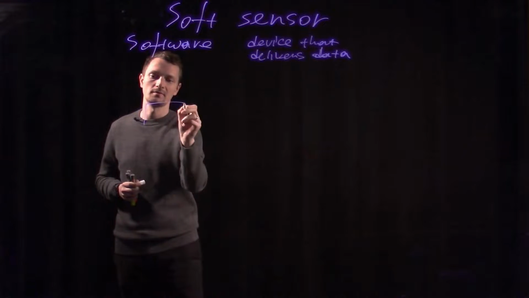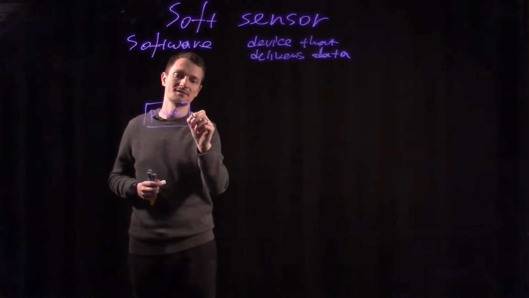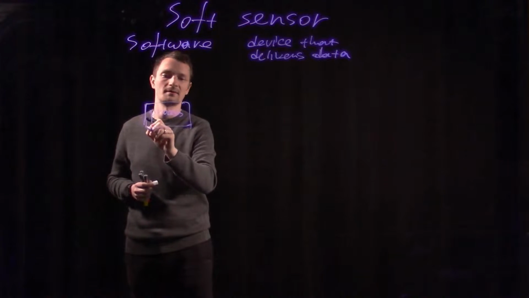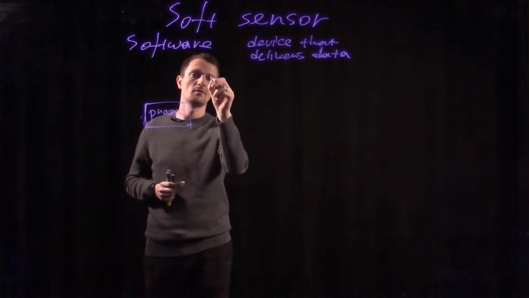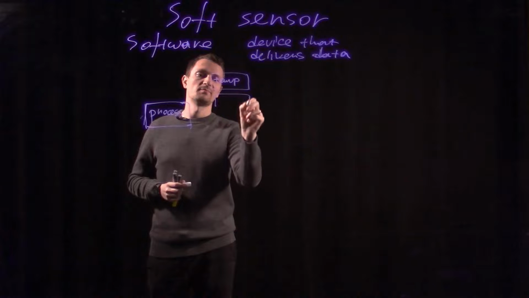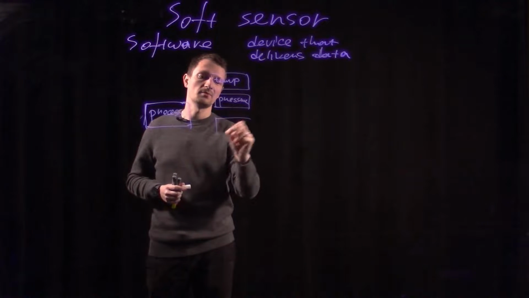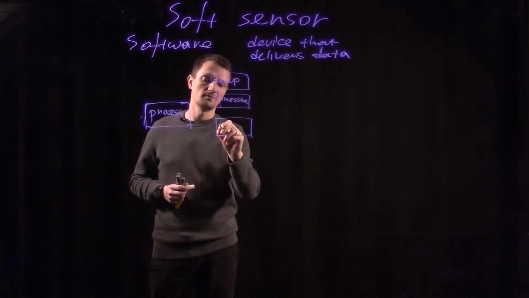So we can think of a process, and from the process we can extract some process variables, some process values. For example, it might be temperature, it might be pressure, it might be viscosity.